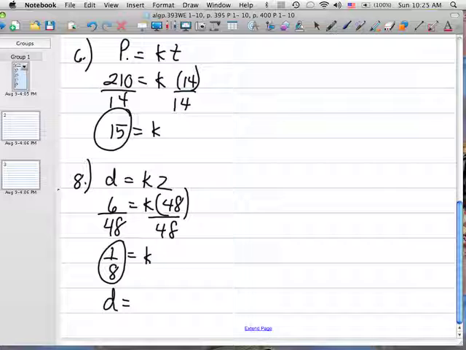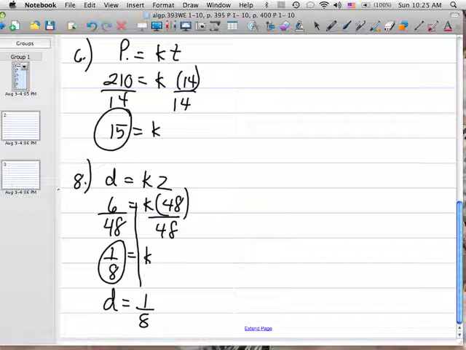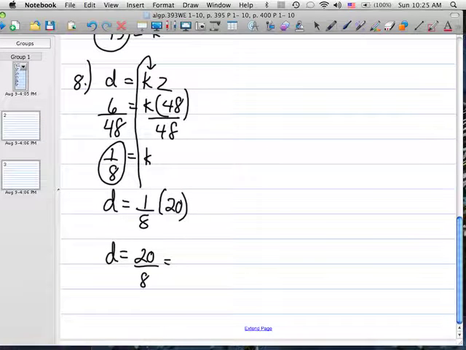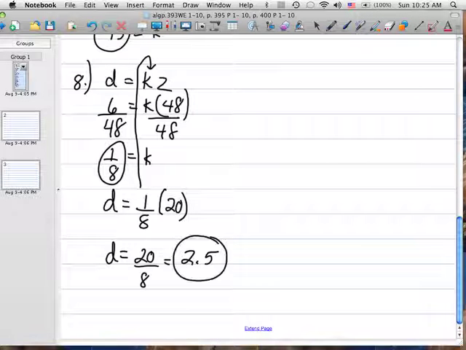So we know K is 1/8, so we put that in for K. And then they tell us Z is 20. So D equals 20/8, which is 2.5.